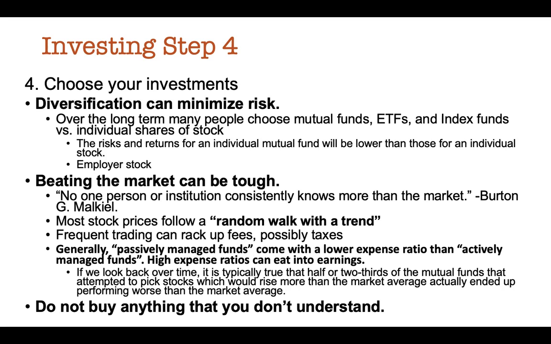Because when you buy an individual share of stock, all of the money that you are spending is dependent on the health and success of that one company you've bought stock in. Whereas if you buy into a mutual fund or an ETF or an index fund, there are many companies that your money is going towards. That way, if one company has a bad year or makes some poor financial decisions, all of your eggs aren't, quote unquote, in one basket.